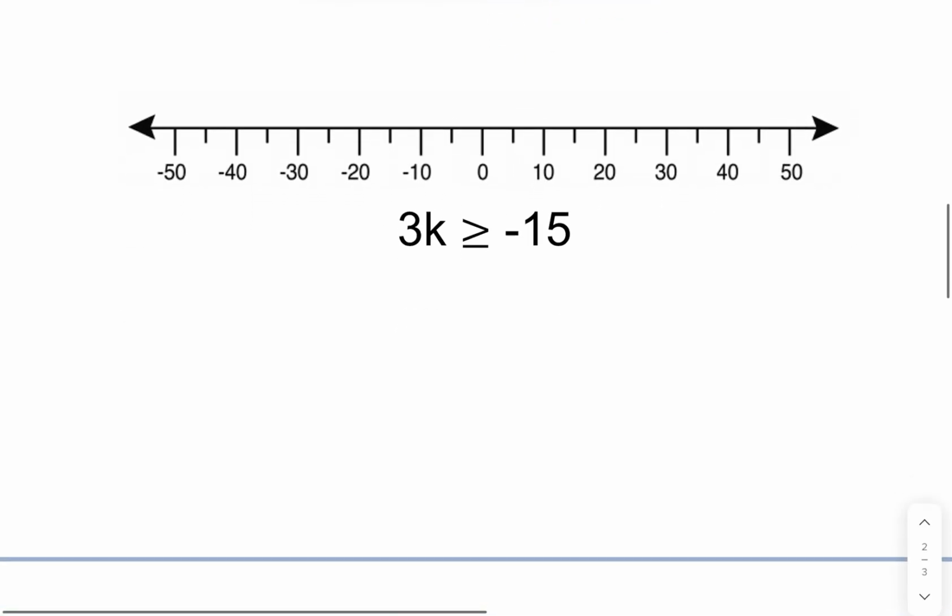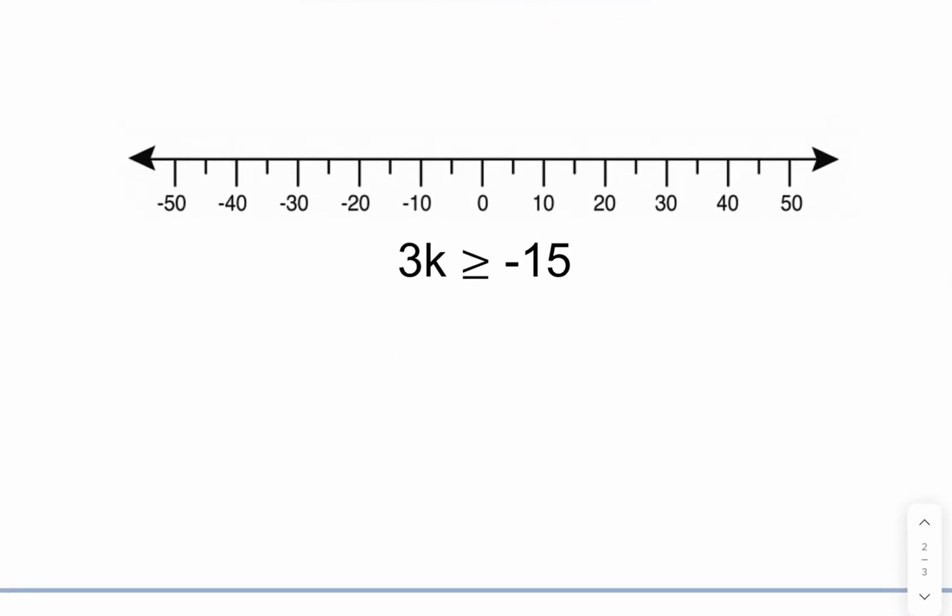Okay, next one. 3k is greater than or equal to -15. A line on our inequality. Draw your symbol. Okay, number next to a letter. I know that's multiplying. So the opposite of multiplying would be dividing by 3.